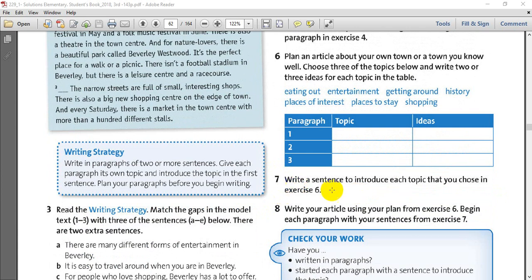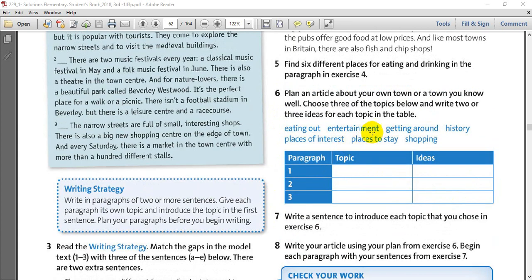Number 7. Write a sentence to introduce each topic that you chose in exercise 6. Here, write, for example, shopping: For people who love shopping, my town has a lot to offer.